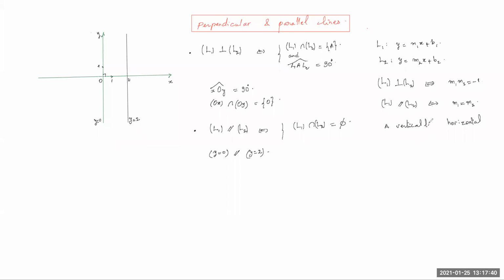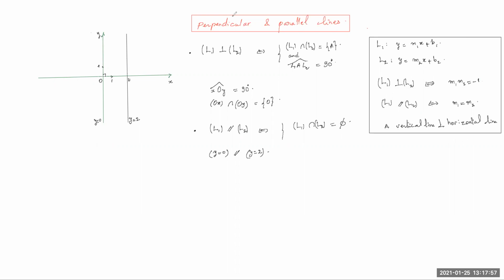A vertical line is perpendicular to a horizontal line. So these are important results, characterizations for these two properties when we have the equations of the lines.